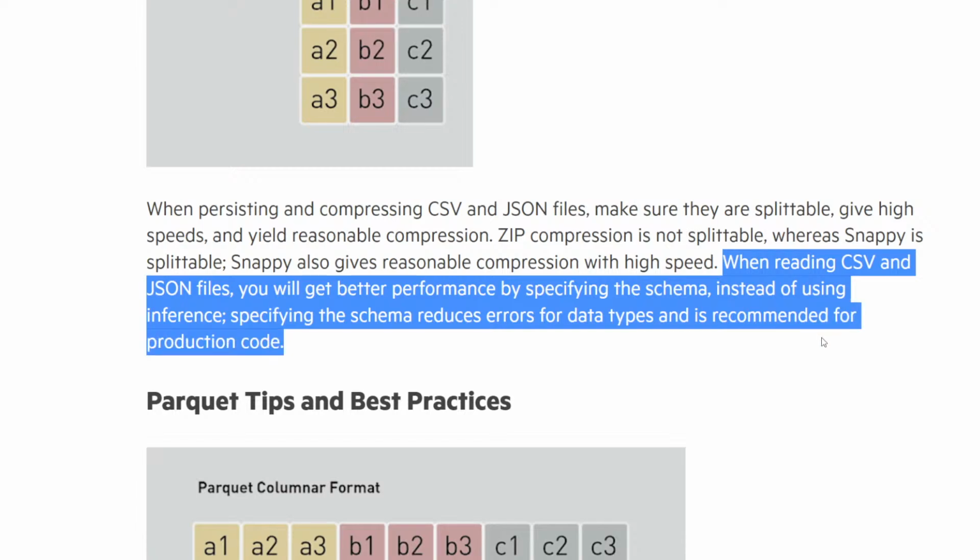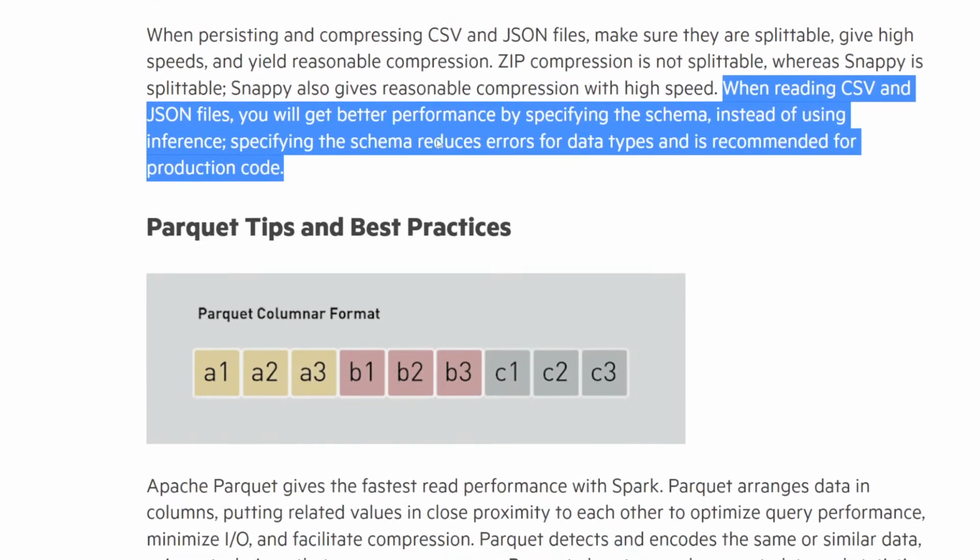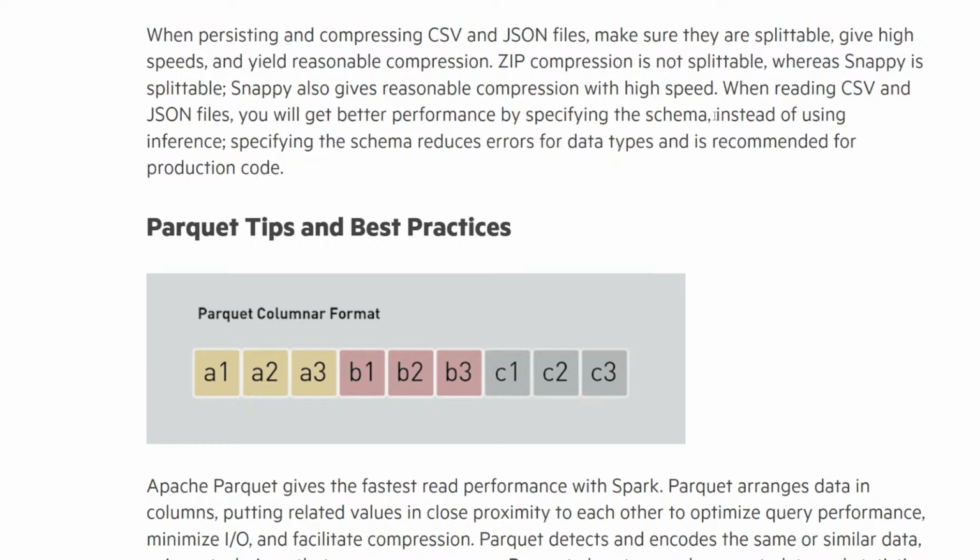While reading CSV and JSON files, you'll get better performance by specifying the schema. In RDDs you cannot really specify a schema, but if you specify a schema and read it using a data frame, that would give much better performance.